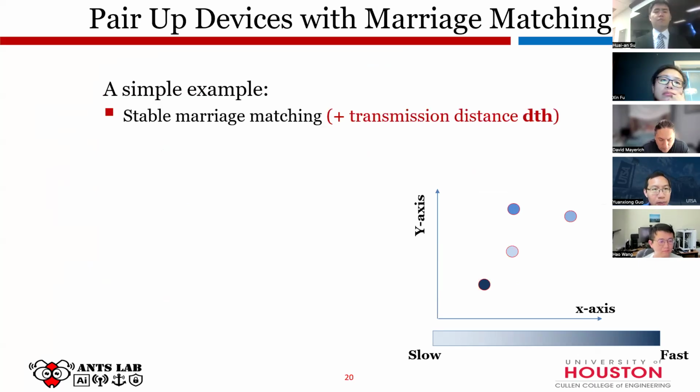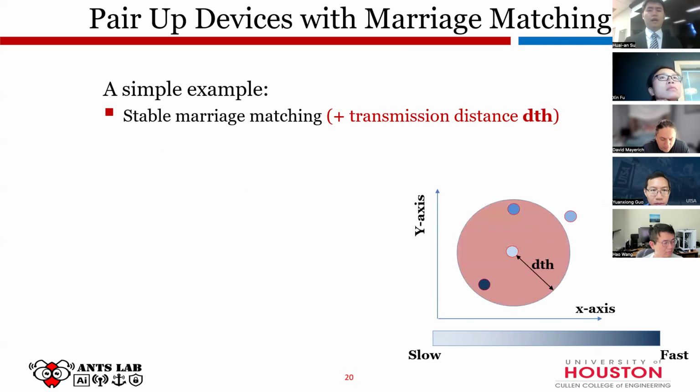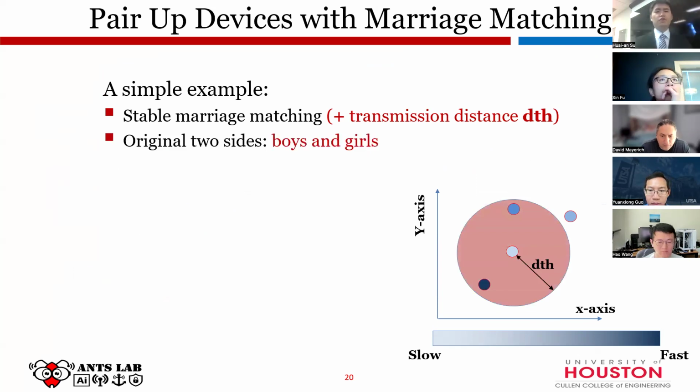We use stable marriage matching together with the transmission distance DTH, as I show right here. The basic concept of marriage matching was about how to pair up boys and girls and to find suboptimal but efficient pairs.